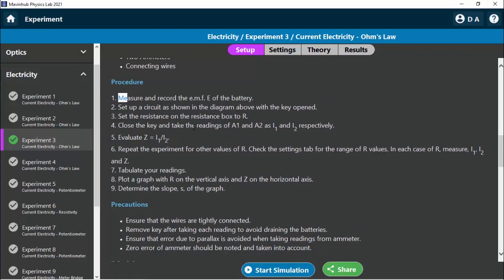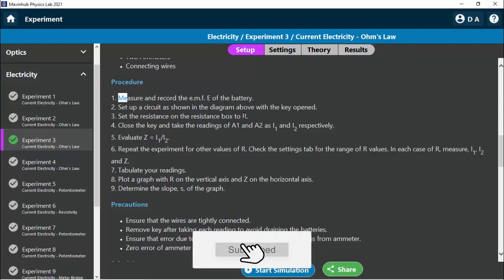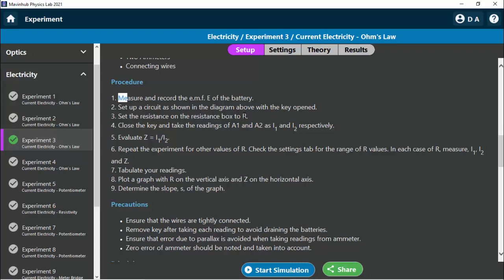So once you've set up the circuit as shown in the diagram above, you set the resistance on the resistance box to R. The value of R will be changing. So the first value of R could be 2, then the second value could be 4, and so on and so forth. R is the resistance value of the resistance box, and that is going to be changing.